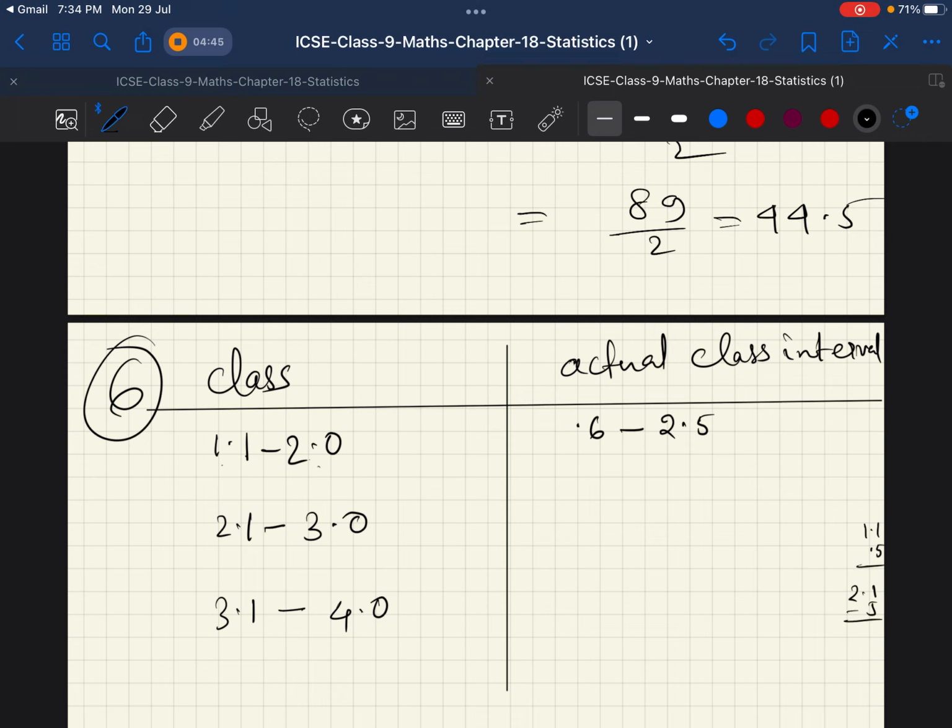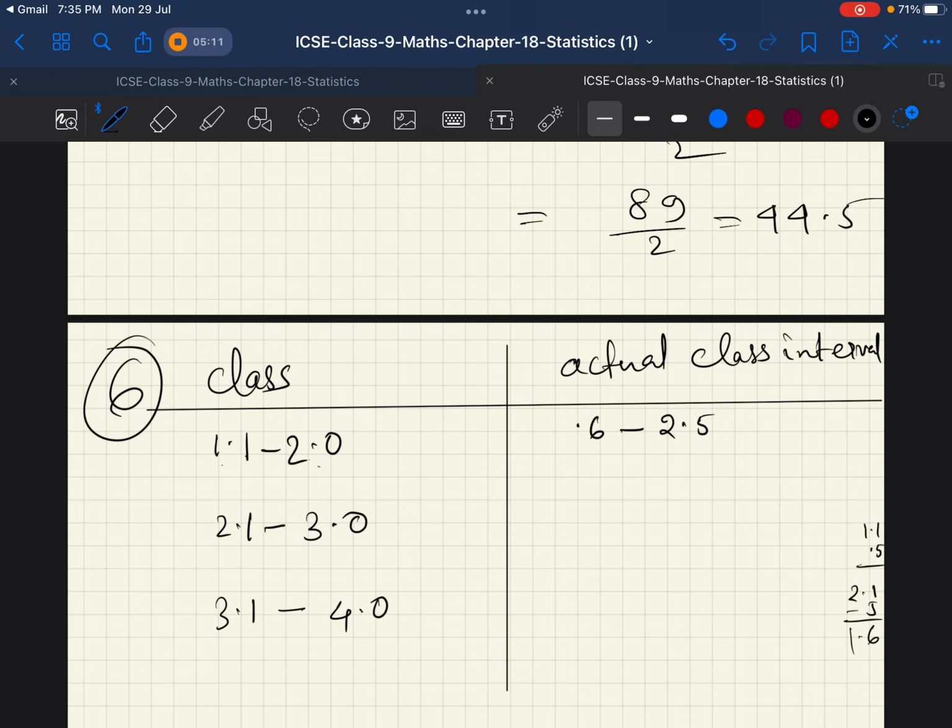Now 2.1 minus 0.5 gives 1.6, and up to 3.5.